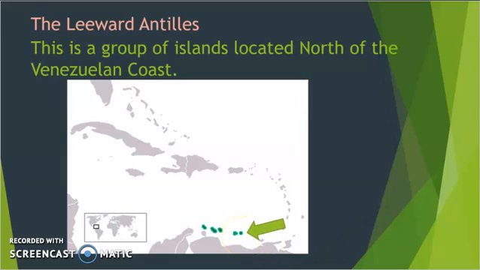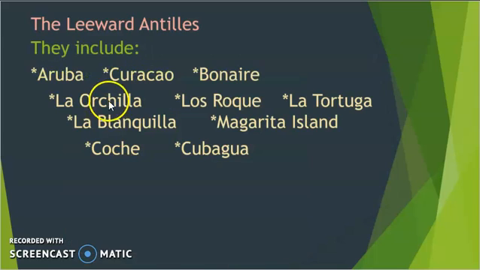Those islands there. They consist of, let's see if you have ever heard any of them. They include Aruba, Curaçao, Bonaire, La Orchila, Los Roques, La Tortuga, La Blanquilla, Margarita Island, Coche, Cubagua. So these are Spanish-speaking islands.